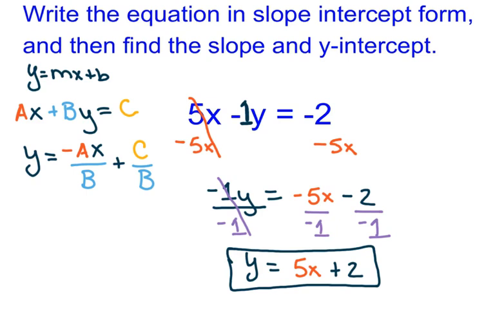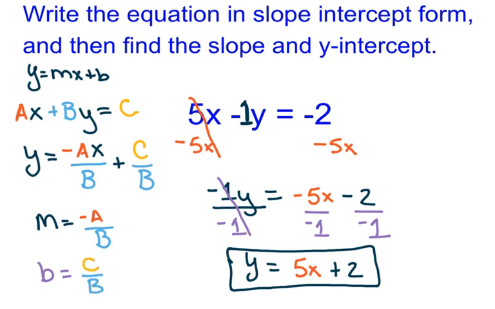So I would go ahead and write this down so you can see. So we could even take it a step further and say that m would equal negative a over b, and we could say that b would equal c over b.